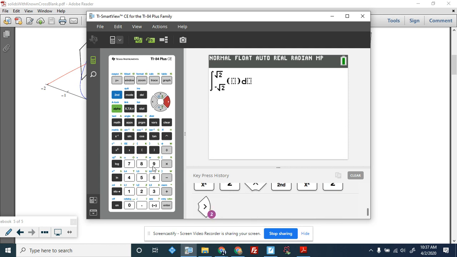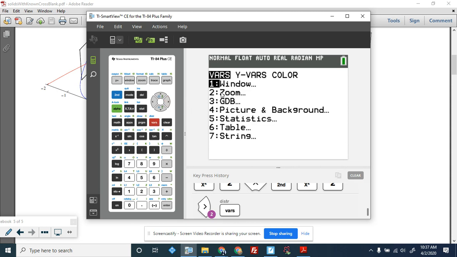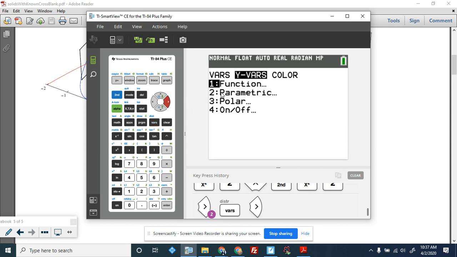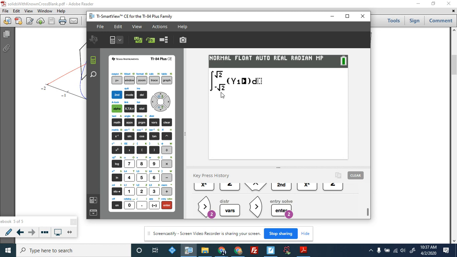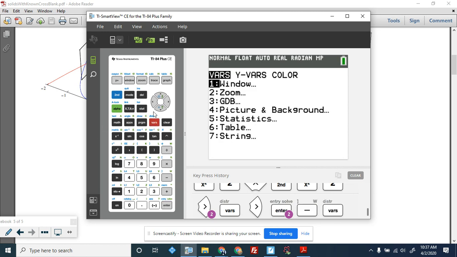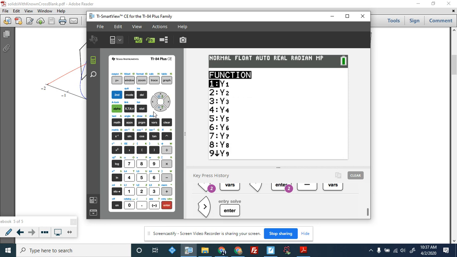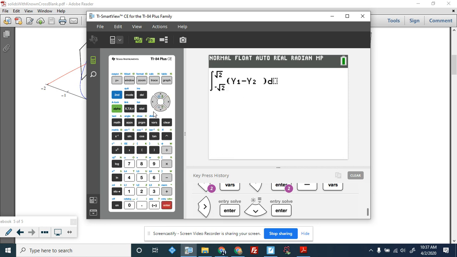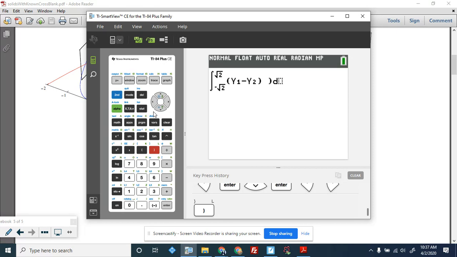And then we're going to go now vars, y vars, function y1 minus vars, y vars, function y2. And then you can't forget now, which this is going to be a little bit annoying the way this calc's doing it for me. I have to do all of this squared.